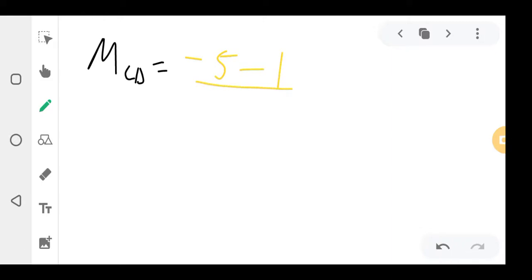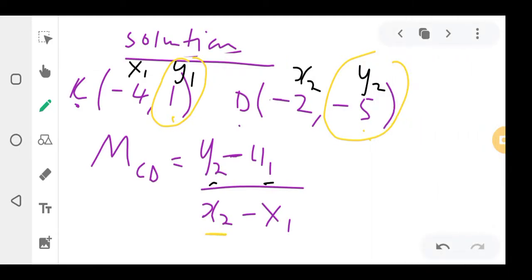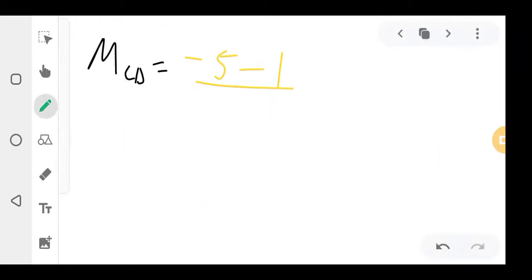Okay, over. And then the next part it is x2 minus x1. What is my x2? x2 is here, so x2 is actually negative 2. So negative 2, x1 is here. Negative 2 minus negative 4, because it's x2 minus x1.